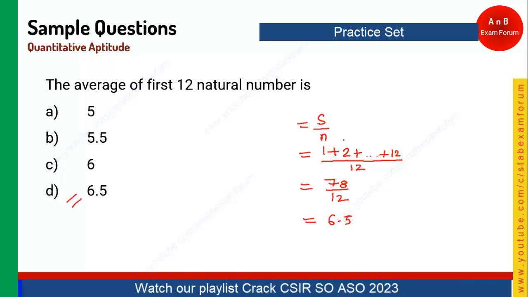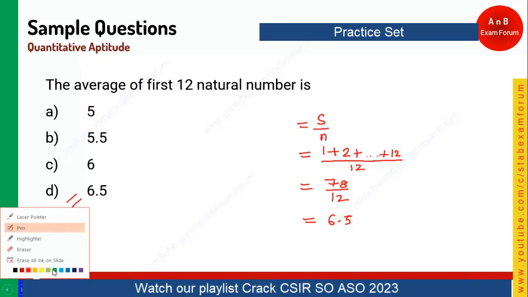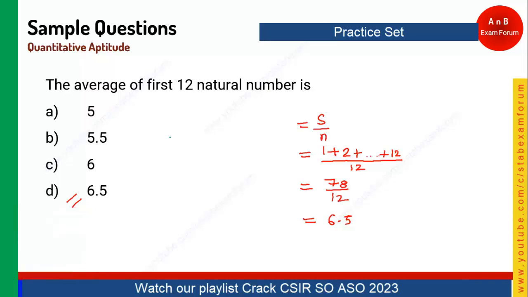So what you should do now, you should follow some trick. What is the trick for this consecutive first 12 natural number? It is very simple. I will change the color for you. So the trick says first plus last divided by 2.